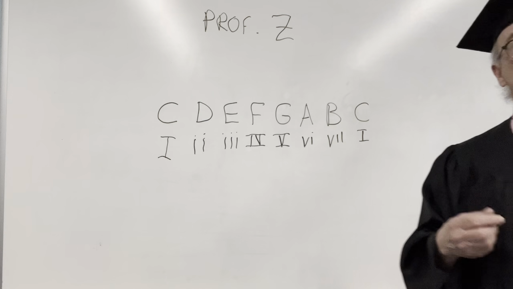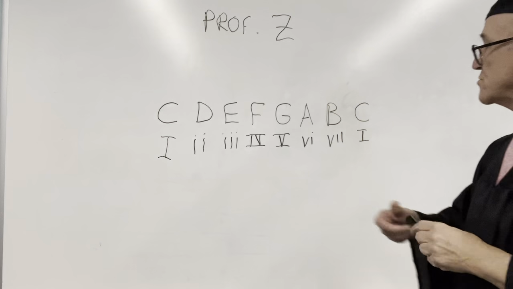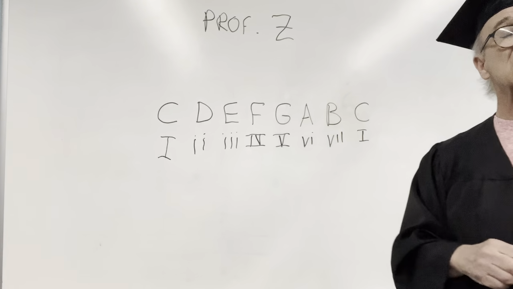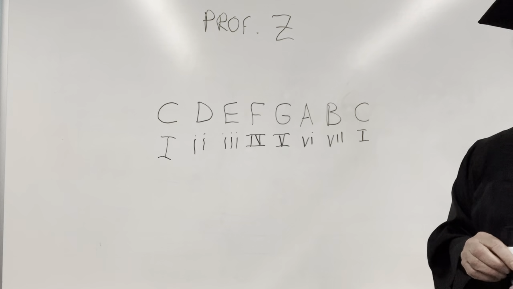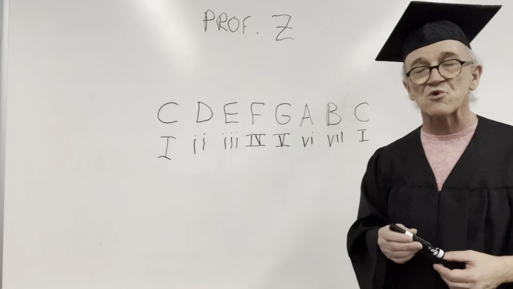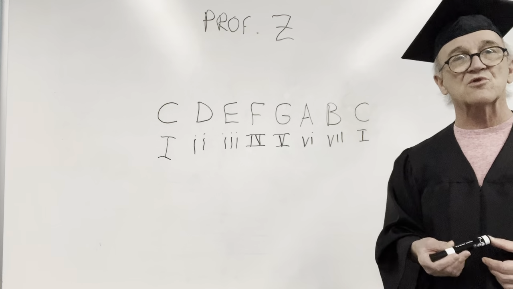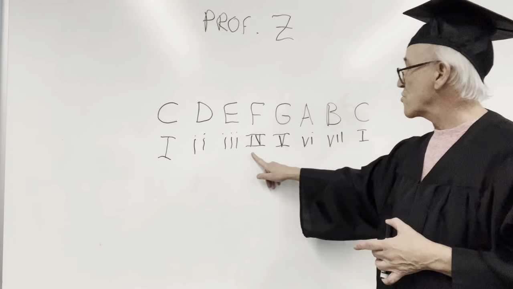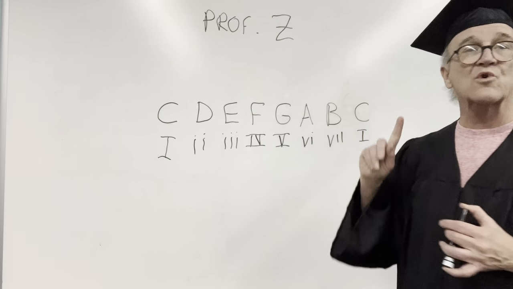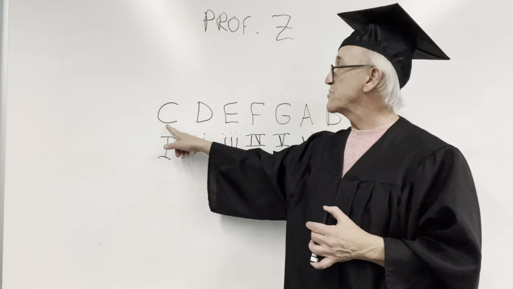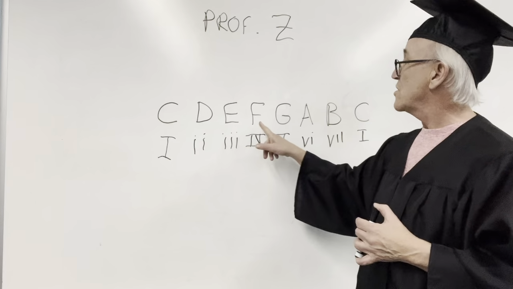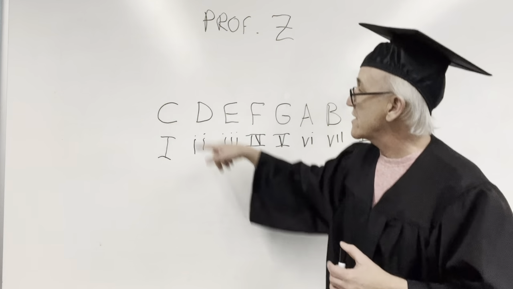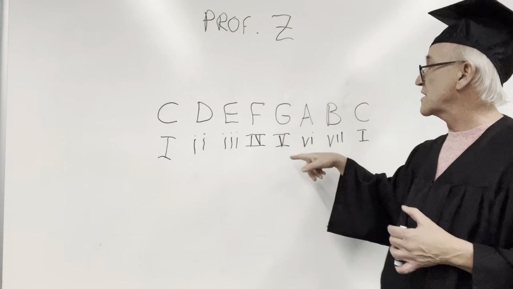Okay, these are all the Roman numerals. And you'll notice that these look different than the others because they're lowercase. Most of us haven't seen too many lowercase Roman numerals, except maybe on old grandfather's clocks or something. But I, IV, and V correspond to something built on the first note of the scale, the 4th note of the scale, and the 5th note of the scale. That's why I stack them up this way, okay?